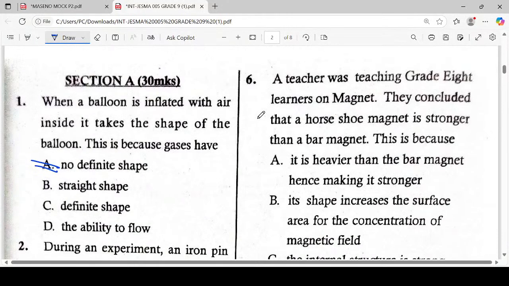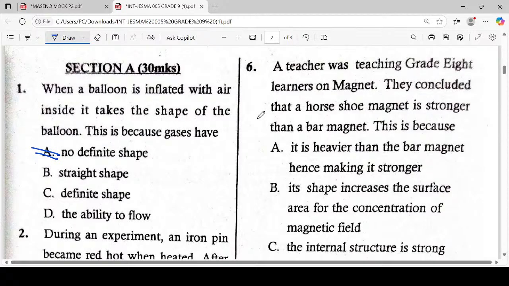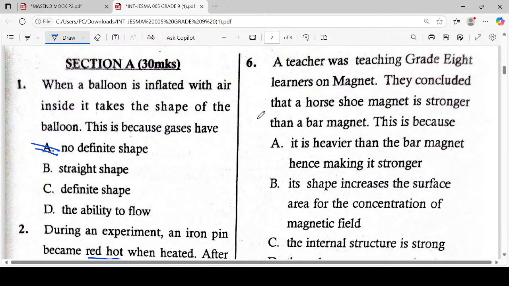Question number 6. A teacher was teaching grade 8 learners on magnets. They concluded that a horseshoe magnet is stronger than a bar magnet.